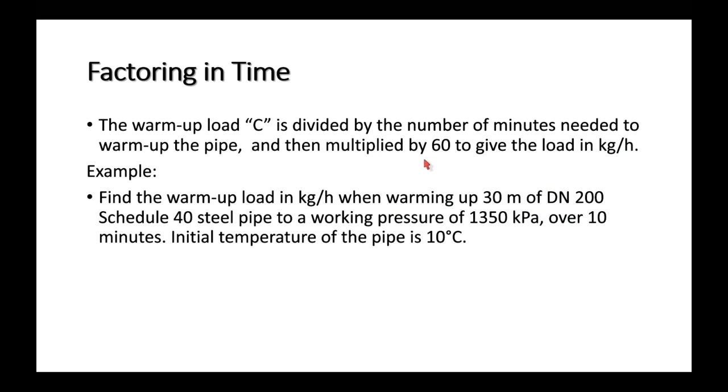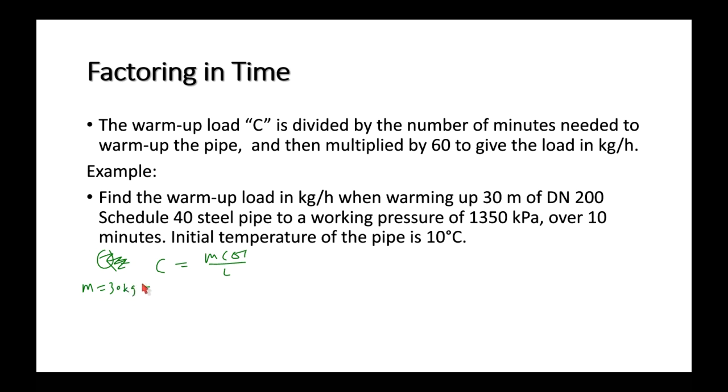Then there is the factoring in the time business. So we can warm up a steam line in 10 minutes and 15 minutes and 20 minutes. And I think that we went over this calculation here, and it was, no, pardon me, C is equal to MC delta T over L. And so this one here was the mass would be equal to 30 kilograms.